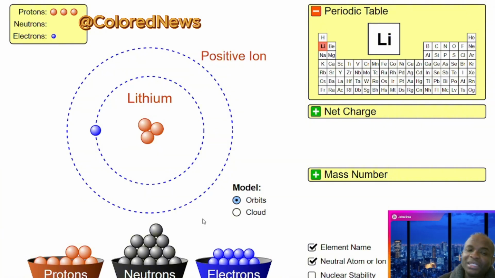Electrons will determine if an atom or an ion is negatively charged or positively charged. So I repeat, the protons determine what type of element we are dealing with, but electrons only determine the charge.